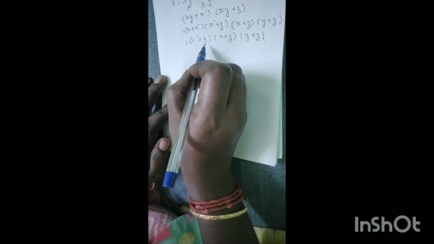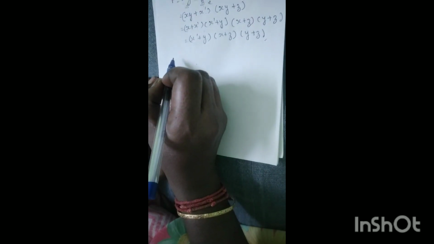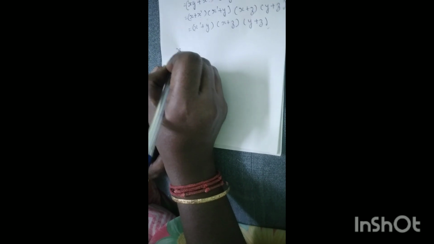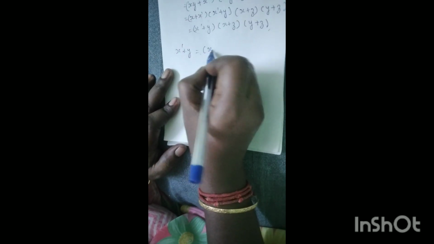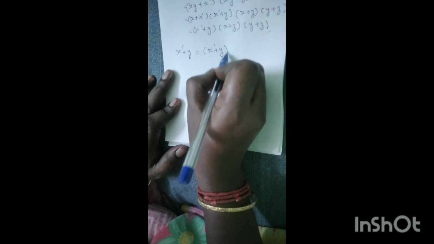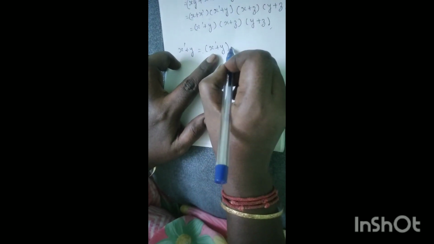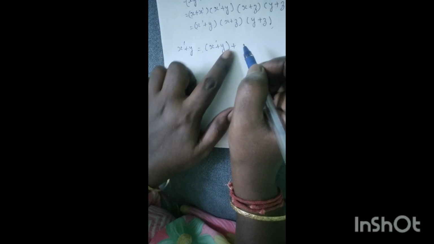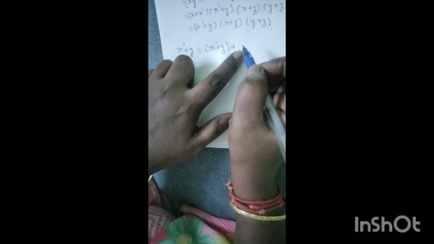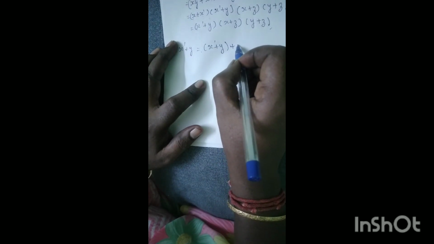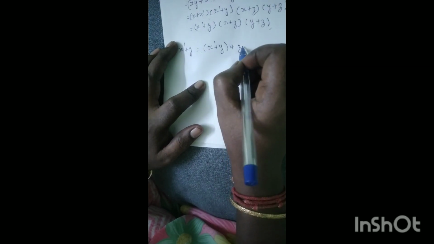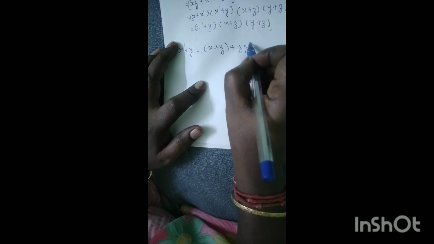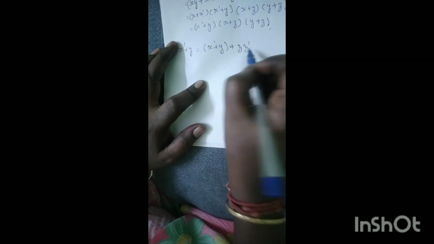Now we do this process. We take the first OR term, x dash plus y. X dash plus y equals x dash plus y plus, here we don't have z, so we should include z, in the form of product of normal and complement form, that is z into z dash.